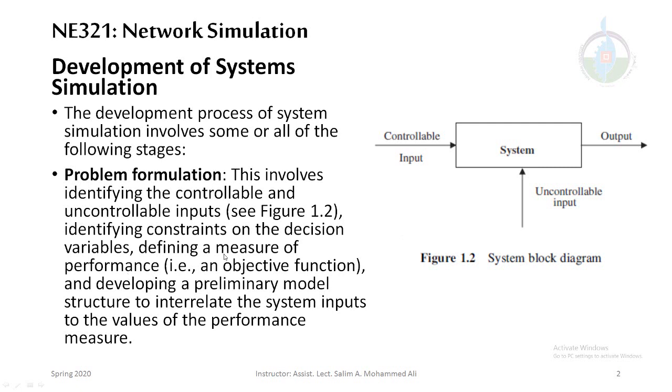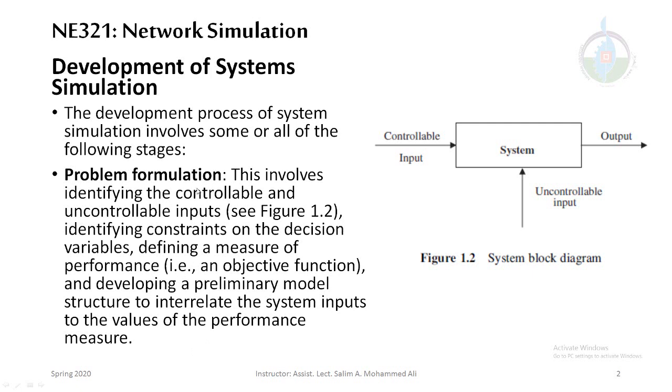Identifying constraints on the decision variables, defining a measure of performance, i.e. an objective function, and developing a preliminary model structure to interrelate the system inputs to the values of the performance measure. This is all about problem formulation.